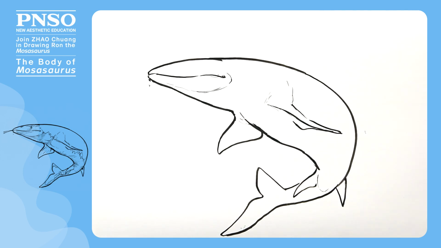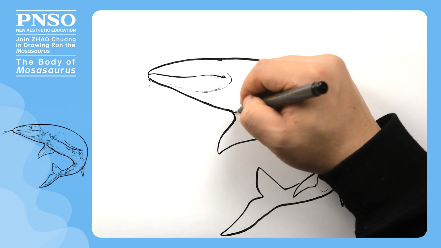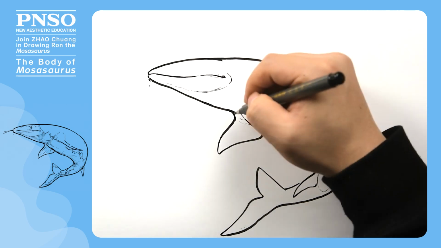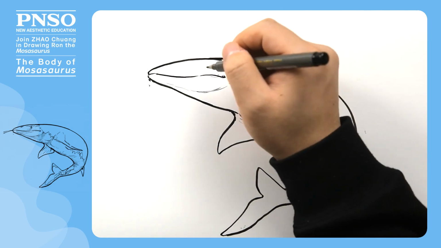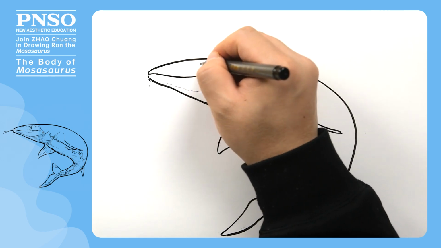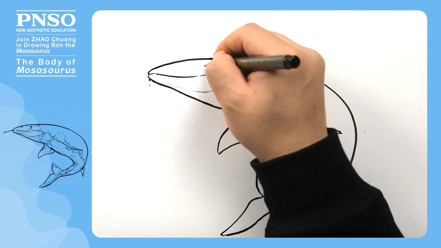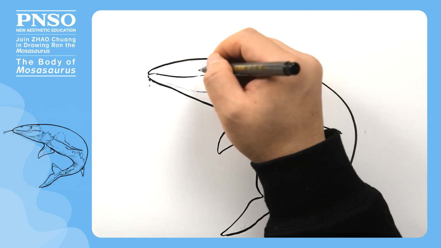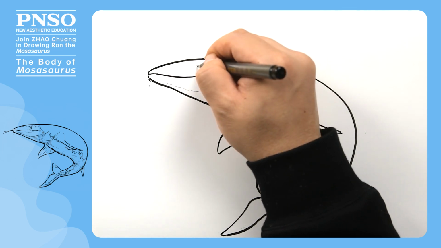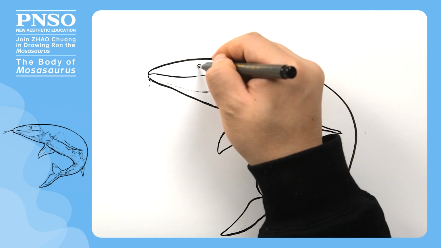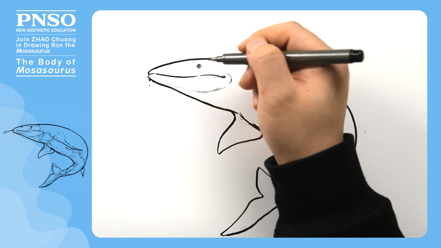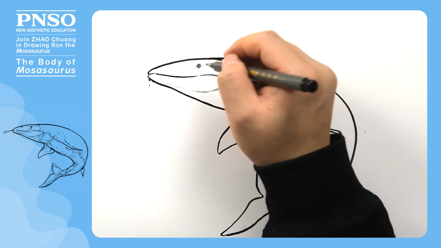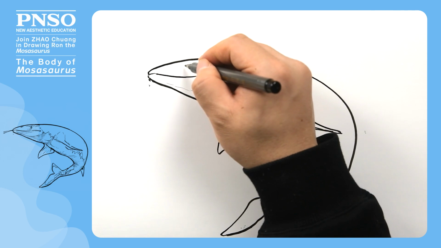Next, let's add some more details. Its small eyes were probably here. Because the sunlight at the sea bottom is not very good, we can draw it a somewhat big pupil.